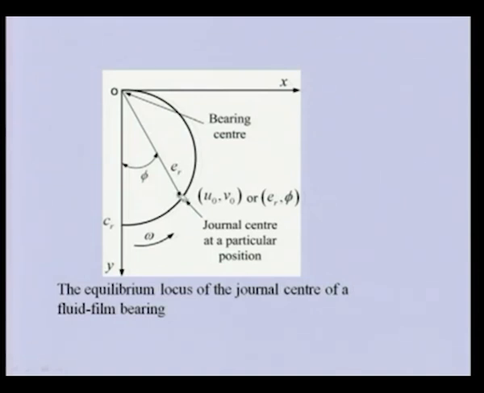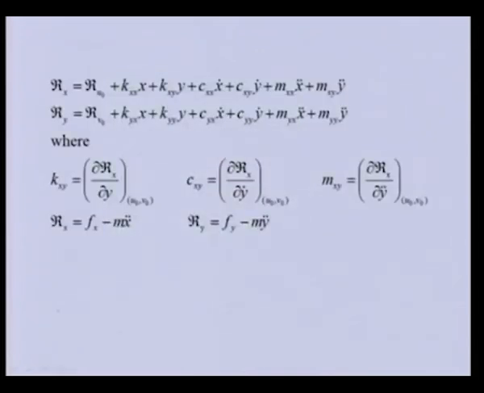by the disturbance of the journal from this equilibrium position. When we disturb it by a small amount, whatever change in the fluid pressure results will define these linearized coefficients. Earlier, in the previous lectures, we have shown this kind of linearized coefficients.